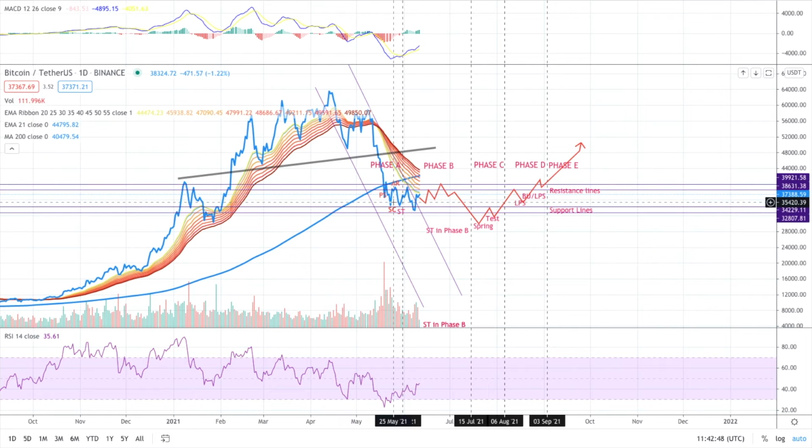We're at this point where yes, we could be forming the right shoulder, and we could be set for another huge tick to the downside.